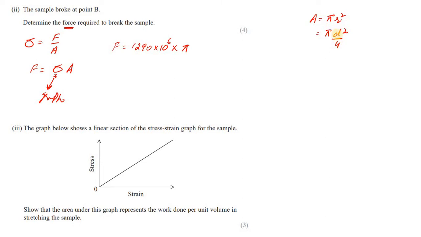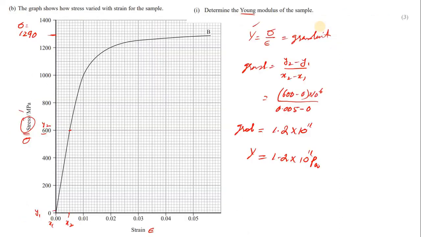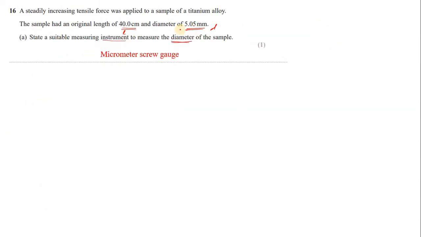So I can put directly the diameter, because r is equal to d by 2, so r square is equal to d square by 4. So that's what I'm doing, pi into diameter. And the diameter was given as 5.05, but it is in millimeter.